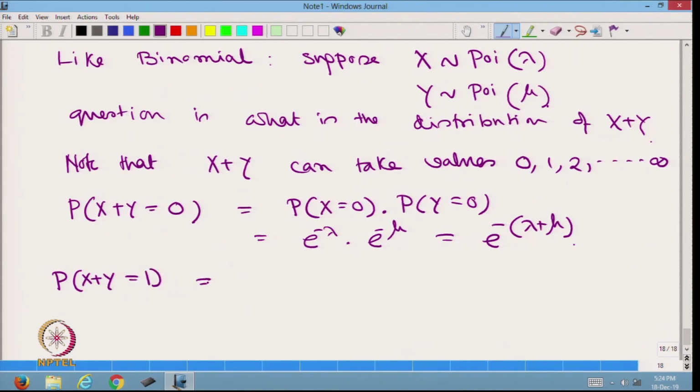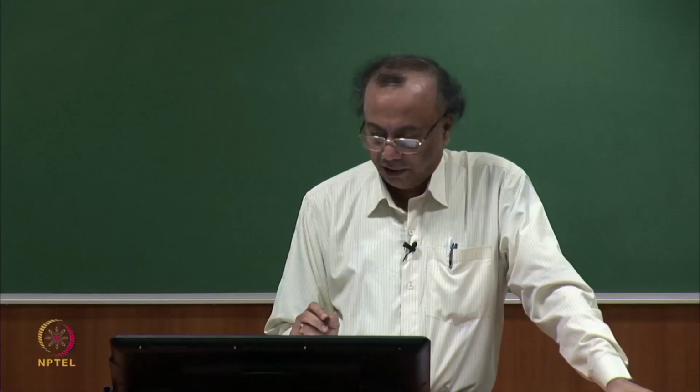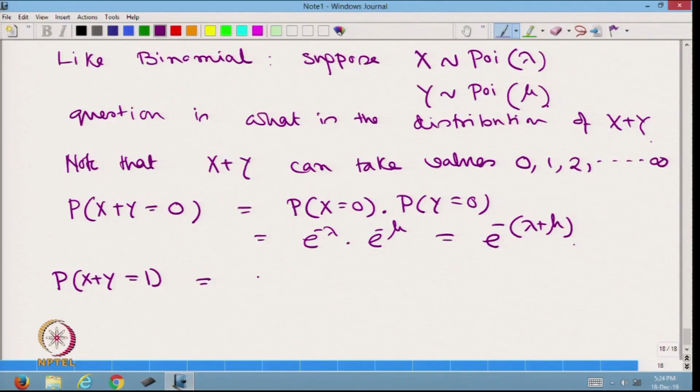What is probability x plus y is equal to 1? We know that the event x plus y is equal to 1 can happen if x is equal to 0 and y is equal to 1, or x is equal to 1 and y is equal to 0. Probability x is equal to 0 into probability y is equal to 1.